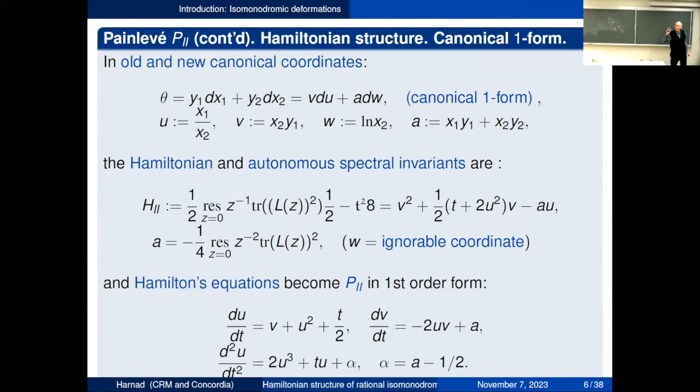If you remember your old terminology, this is what's called a completely ignorable system. The Hamiltonian does not depend on W. So we've already gotten rid of two of the variables. One of them is a conserved quantity, and you get the Hamilton equations. And this is Hamilton's equations for the system.